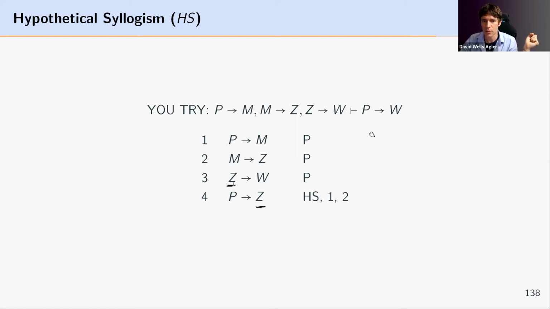So we can reason to if P then W, and we use lines 3 and 4 to do so. So in this proof, we use hypothetical syllogism 2 times, once to get P then Z, and the other time to get P then W.